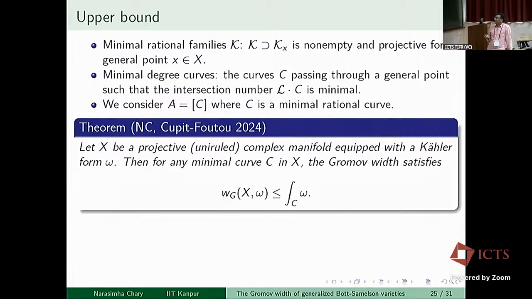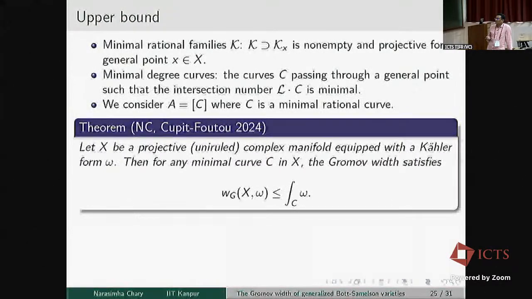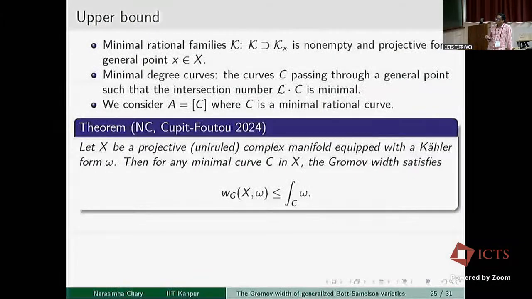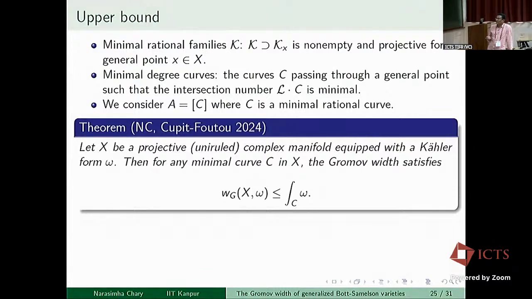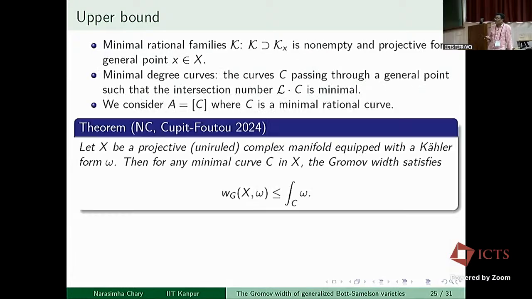So using this, we proved that for any projective complex manifold with a symplectic form omega, for these minimal curves, you always get this non-zeroness of the Gromov-Witten invariant. This is what we have to prove here. In some sense it's not a new result.